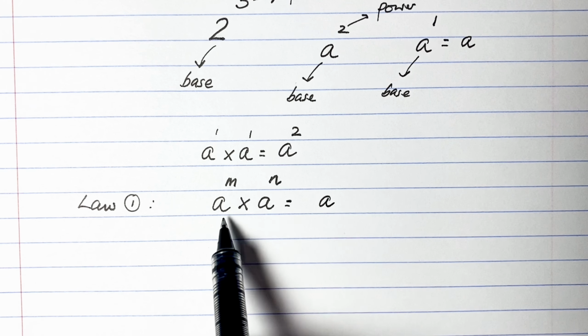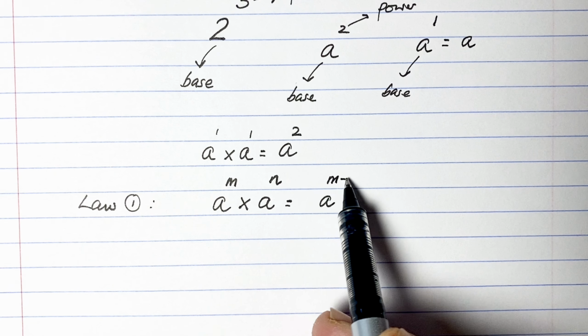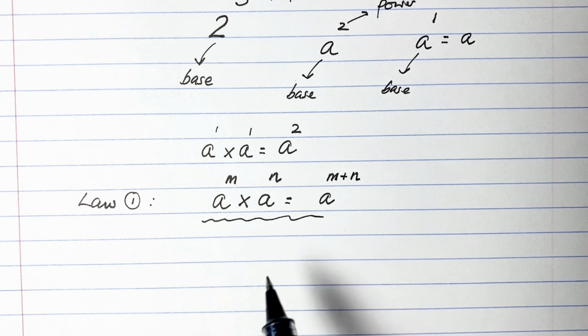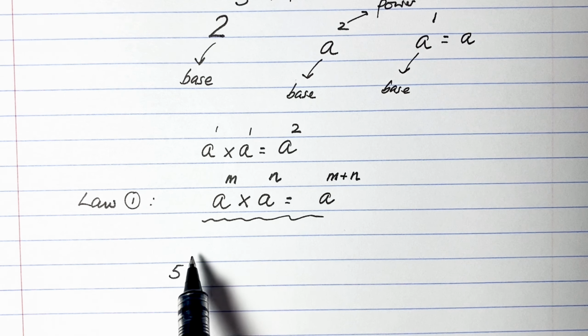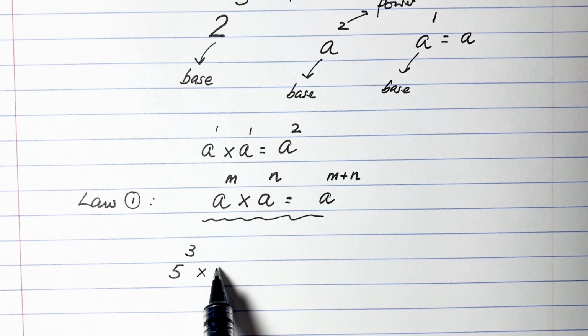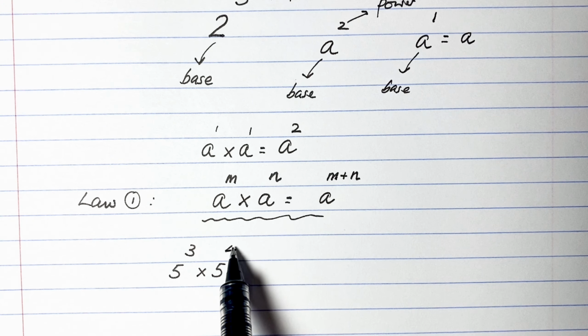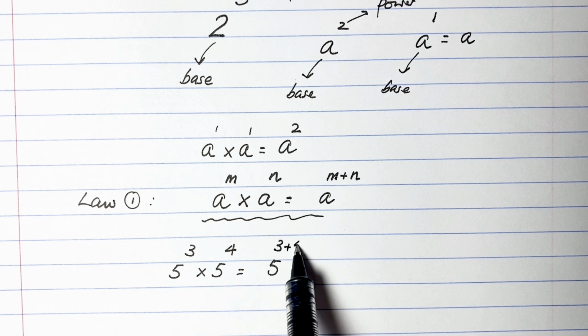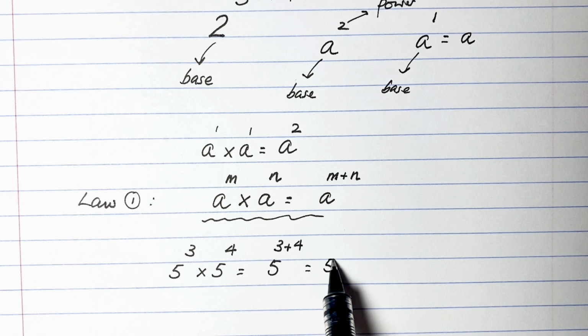Here you write the base and you add up your powers. That's law number 1. So we have 5 to the power of 3 times 5 to the power of 4. So we have 5 to the power of 3 plus 4, 5 to the power of 7.